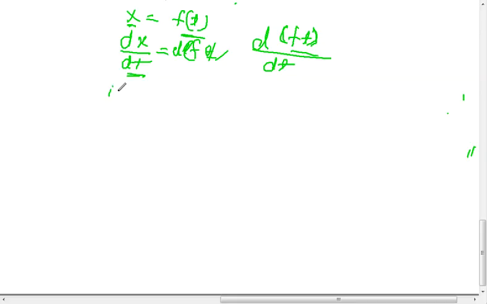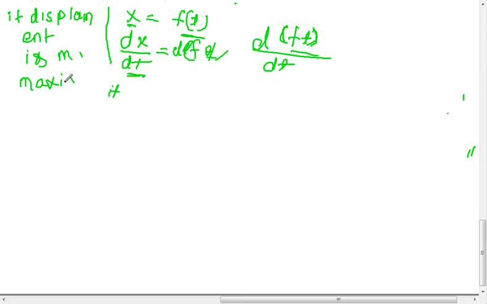If displacement is maximum, then dx by dt must be equal to 0.